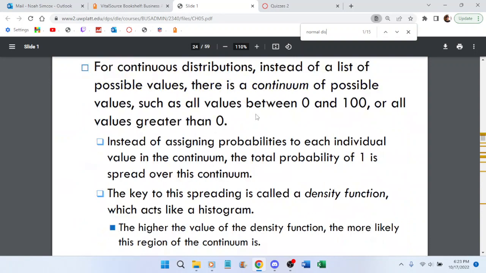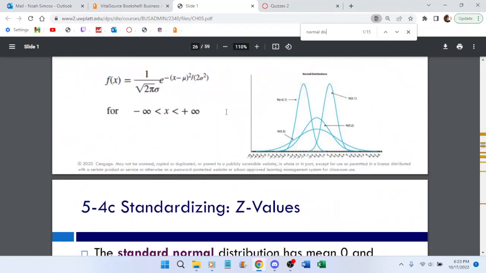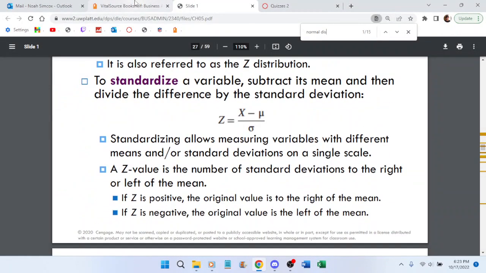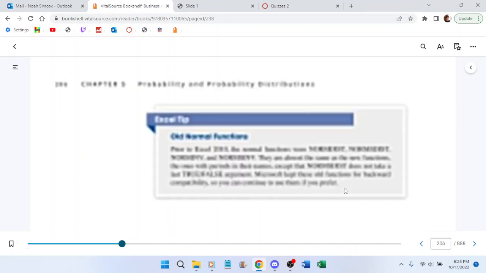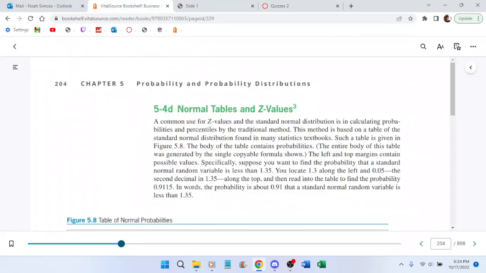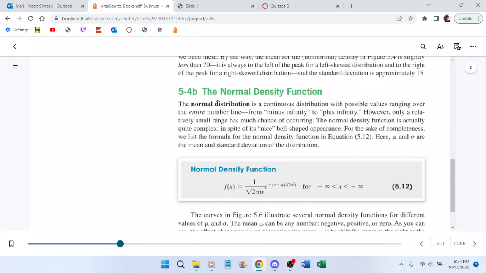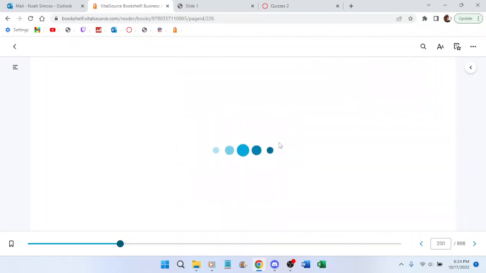I mean, why would it be in the PowerPoint? Did I just miss it or something? How much time do I have left? 25 minutes. I have 25 minutes to find it, but I don't think they actually gave a list of examples of what is described by normal distributions.